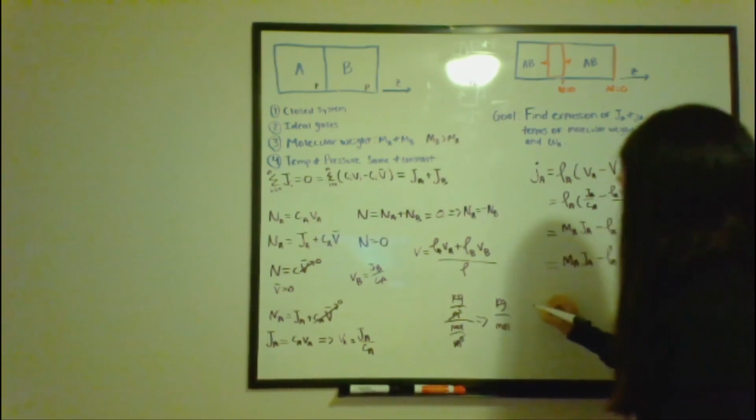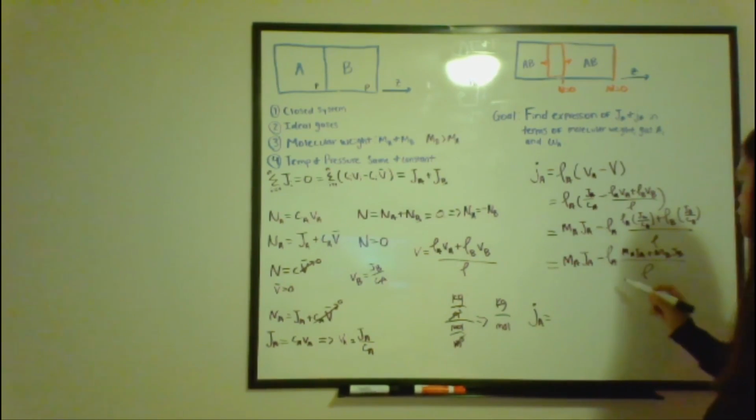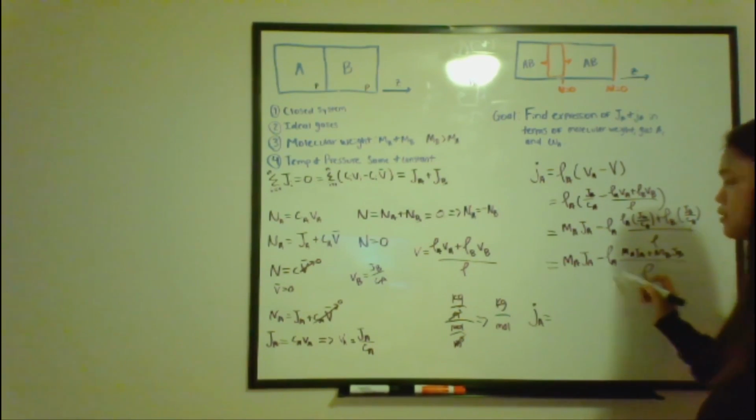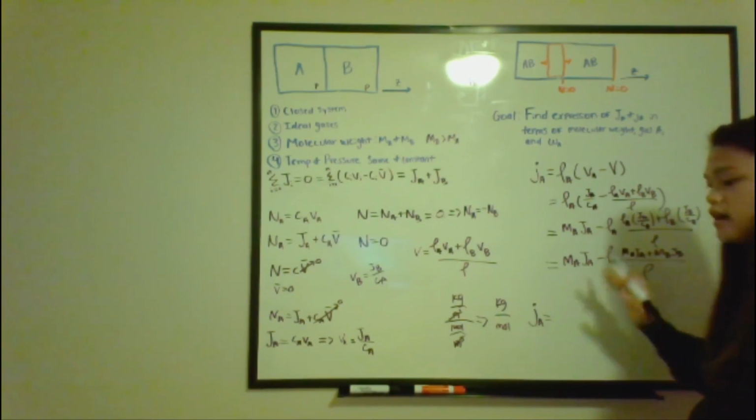The last way to simplify this to get our desired expression is to turn this into mass fraction, because this is a mass concentration over the density of the entire mixture.